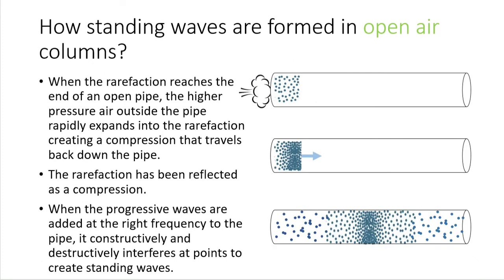Now the interesting thing is that once that low pressure rarefaction gets to the other end, the atmosphere, which is slightly higher pressure than the rarefaction phase coming out, quickly oozes into that area and creates another compression phase.